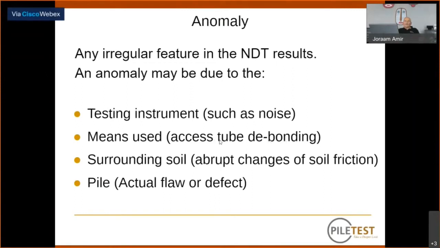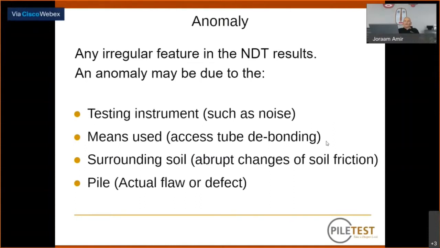But in America, they like to use plastic access tubes, and the plastic tubes, the PVC, don't adhere too well to concrete, and there is some debonding. And even a millimeter separation between the tube and the concrete creates an anomaly.